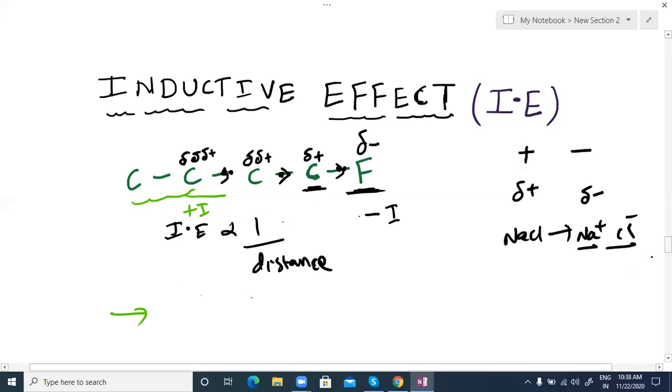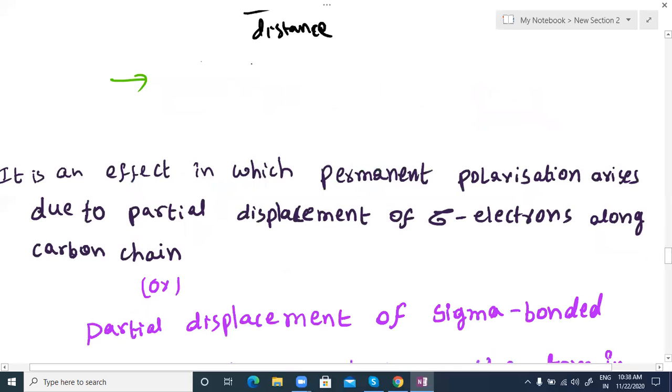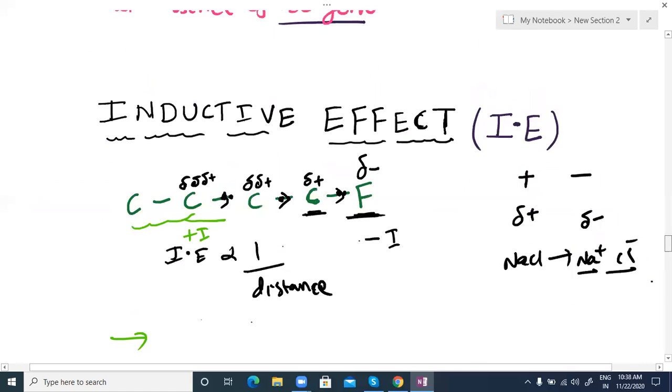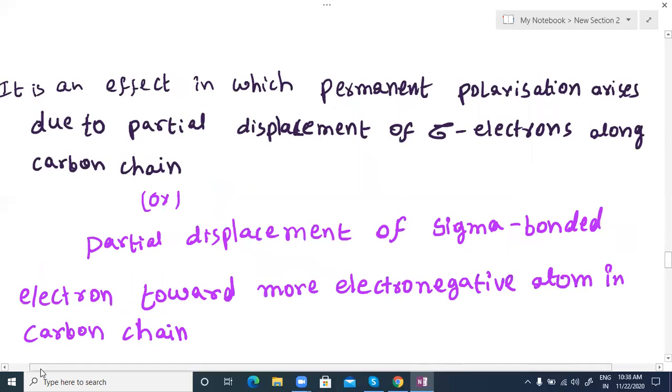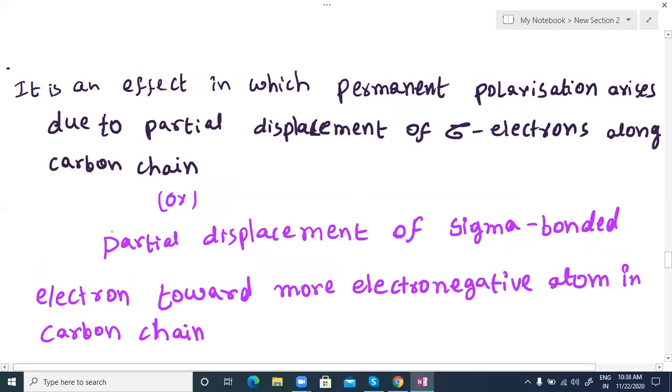We can see here the basic definition is provided, but different types of definitions exist. You can check it here, and if you want, you can copy all these. It is an effect in which permanent polarization arises due to partial displacement of sigma electrons along the carbon chain. We already saw that: partial displacement of sigma bonded electrons towards the more electronegative atom in the carbon chain.